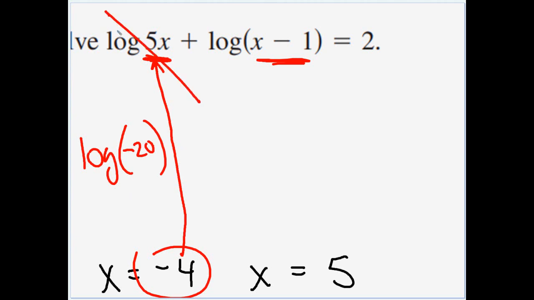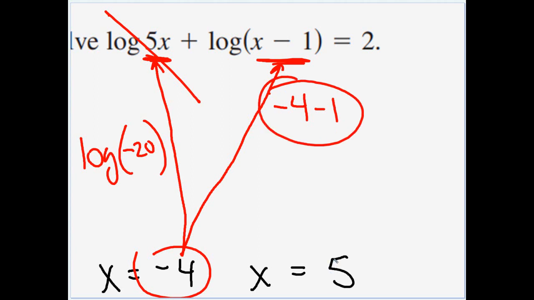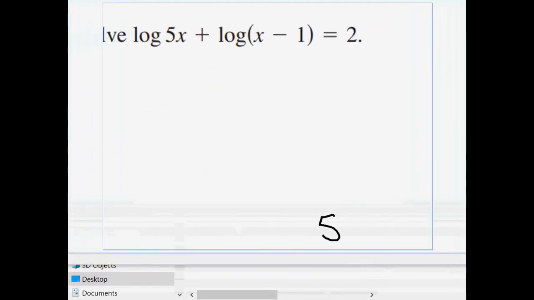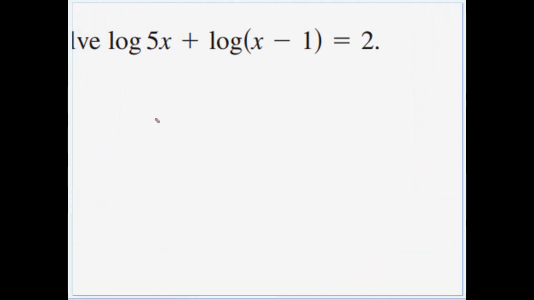That right there is enough to blow up that answer. It's extraneous. We would also see if we plugged it into the next one, that would be the log of negative 4 minus 1, so a log of a negative 5. So either way, we've just disqualified that answer. It is extraneous. It was introduced when we exponentiated each side.